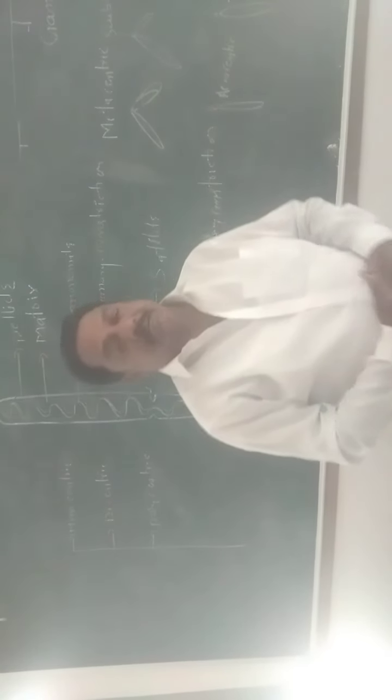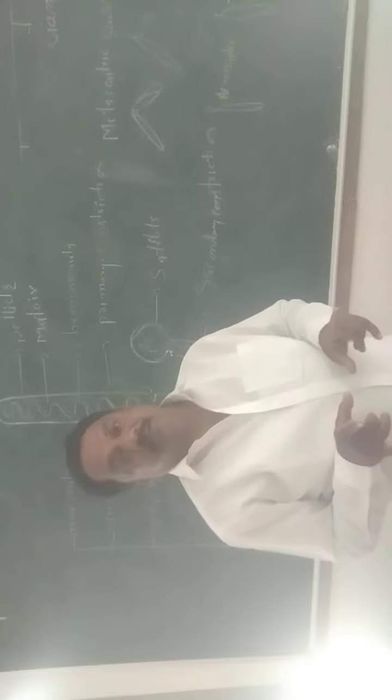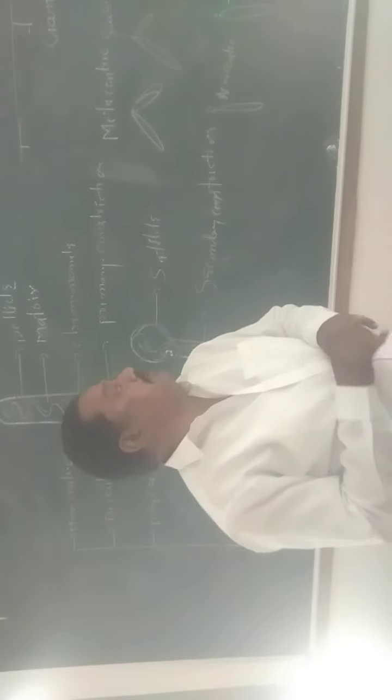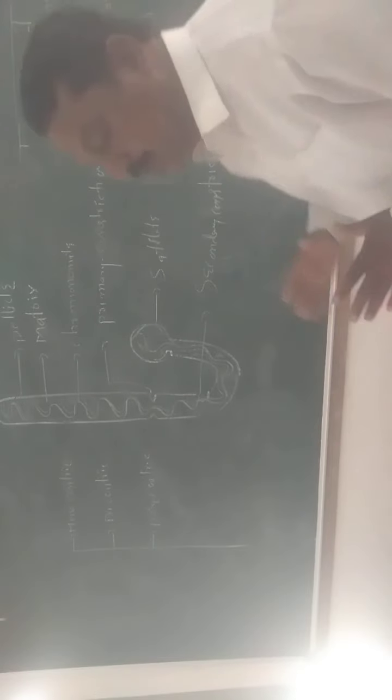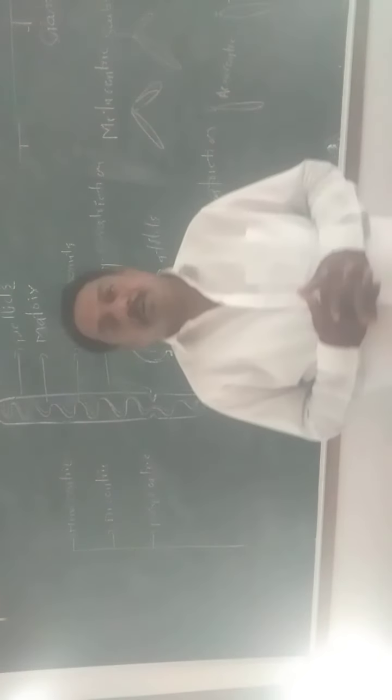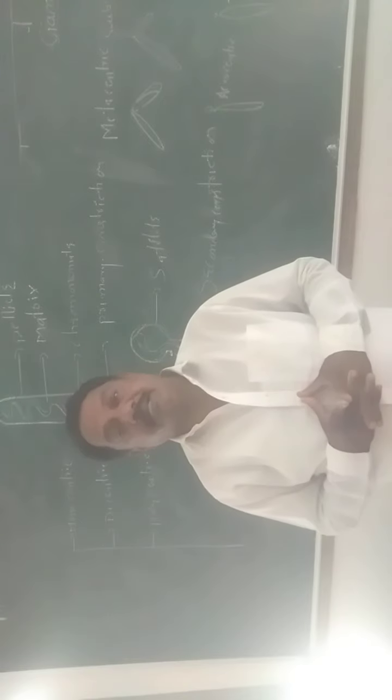If the centromere is situated in the center of the chromosome, such chromosomes are called metacentric. The shape is generally V. Two equal arms are there, because the centromere is in the center. Next, the submetacentric chromosome. Here the centromere is present between the center and one end of the chromosome. Such chromosomes are called submetacentric.